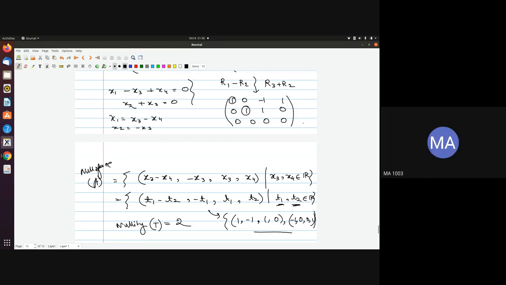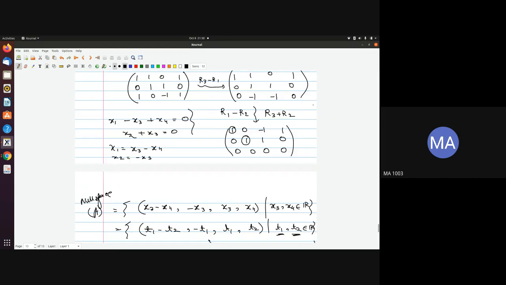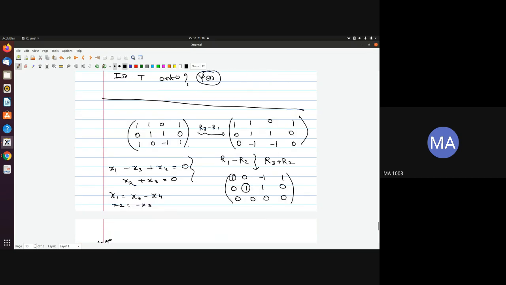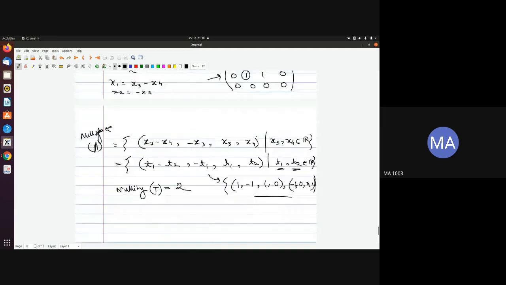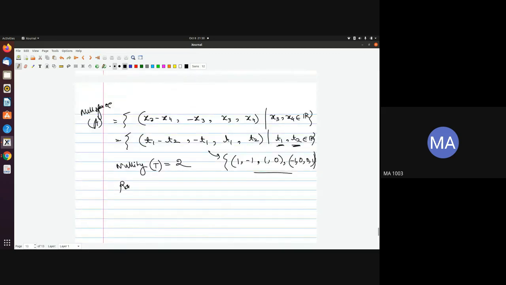The dimension of this matrix is what? 3 cross 4, right? So what is the rank of this matrix? 2. So in this case you can see the rank is 2, so rank plus nullity is the same as 4. The rank of T is 2.